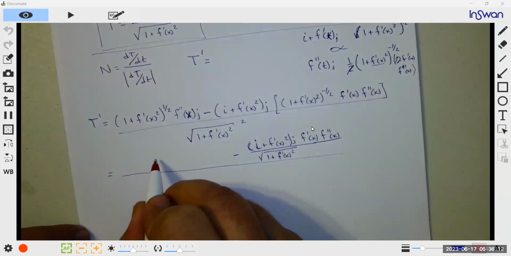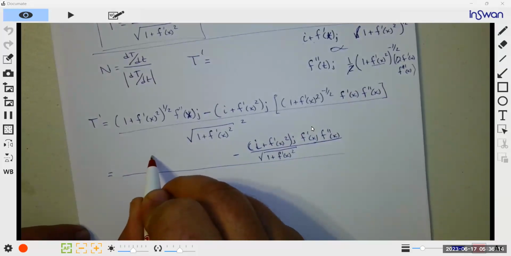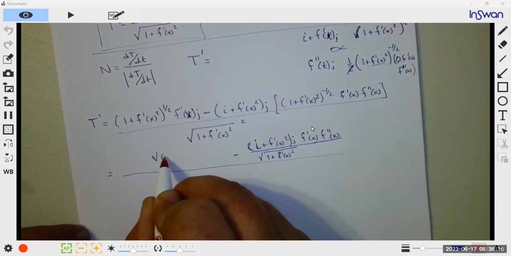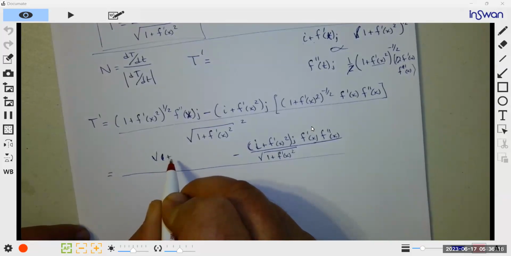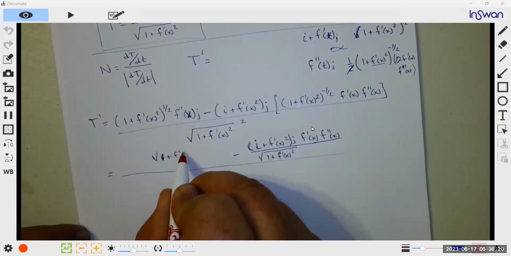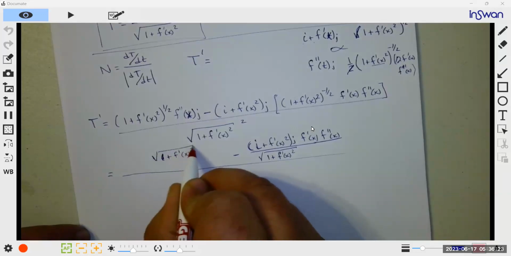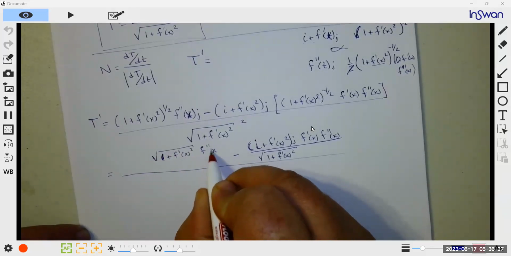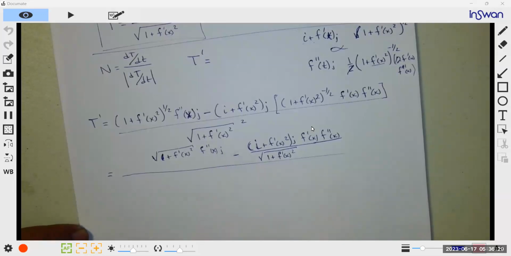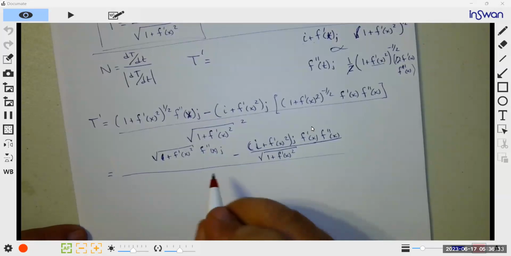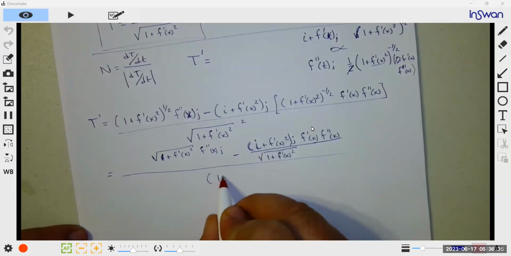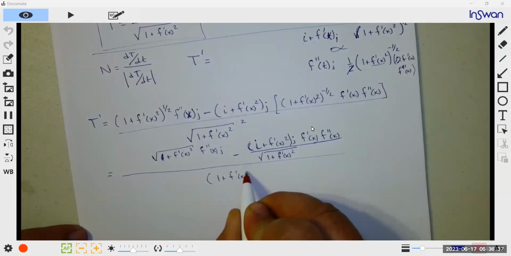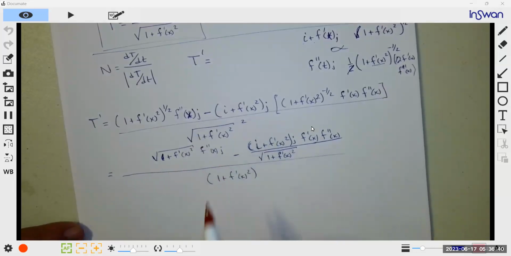And on this side I have the square root of 1 plus f prime of x squared times f double prime of x j, all over 1 plus f prime of x squared, because those cancel.